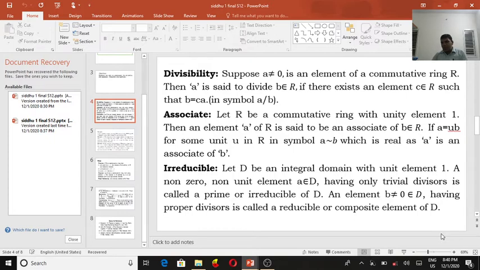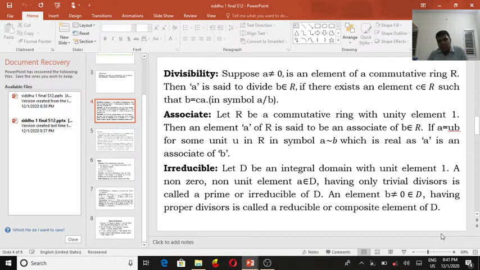Then an element A of R is said to be an associate of B belonging to R if A is equal to UB for some U in R. Symbolically we write A tilde B, which is read as A is an associate of B. Simply, A equals UB, where U is a unit. This is called associated.